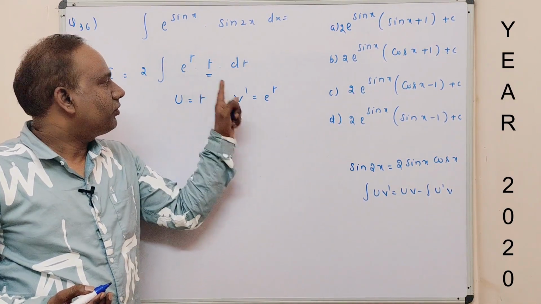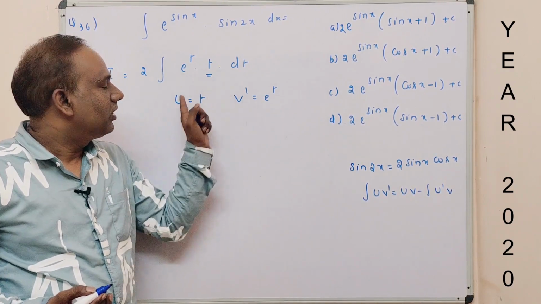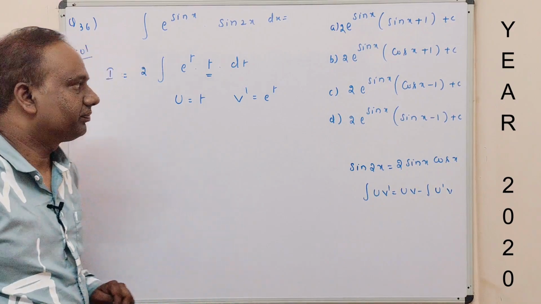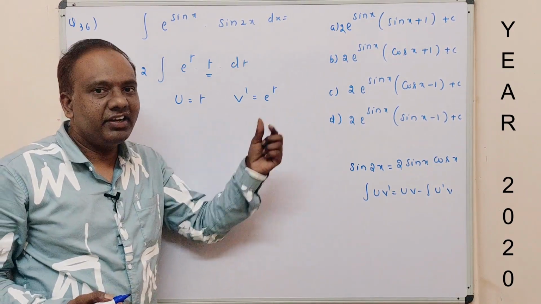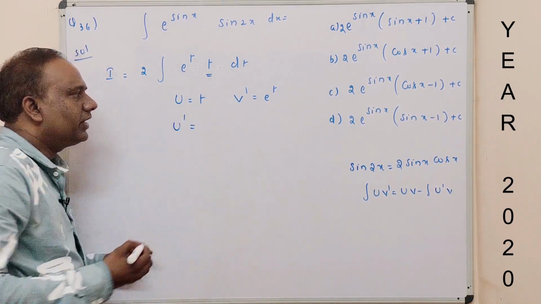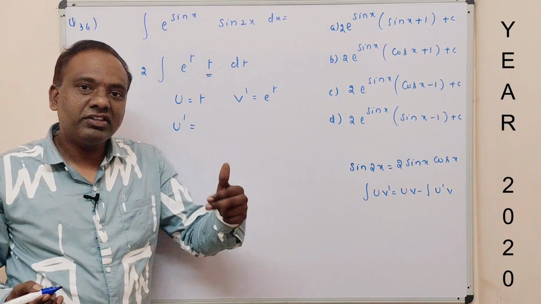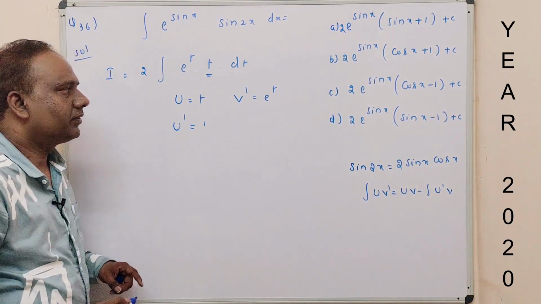That's why we take e power t as v dash and t as u. So here differentiation and here integration. So the differentiation of u is u dash, and the differentiation of t is 1, like the differentiation of x is 1.